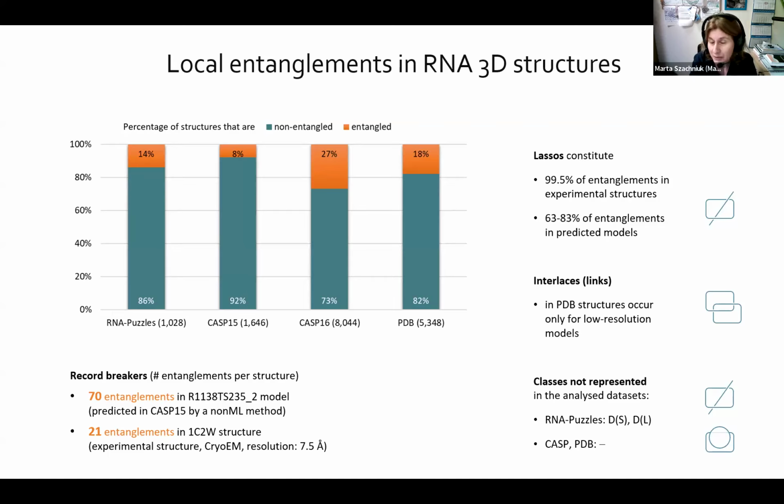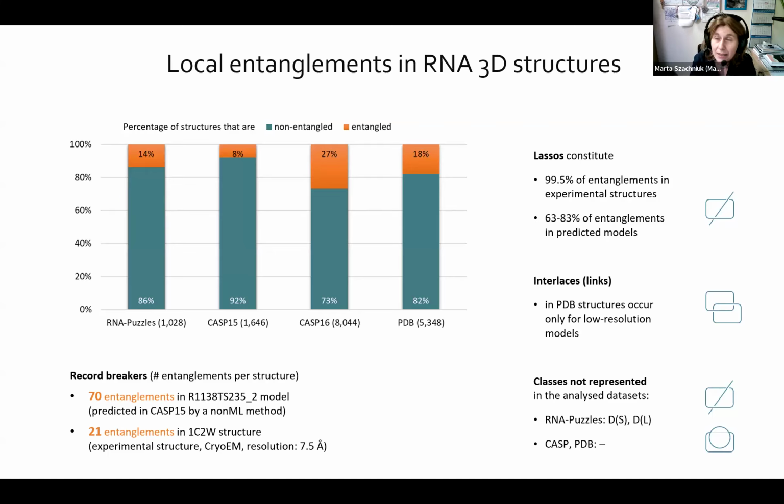In the experimental structures, we also found structures with more than one entanglement. And the record breaker here was a structure solved with cryo-EM, quite a poor resolution here, and it included 21 entanglements.